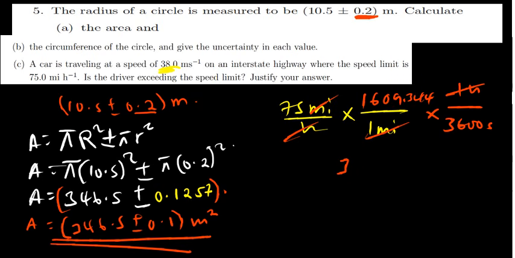Justify your answer. Exactly. So you are saying it is 33.5, which is less than 38. So it was not exceeding the limit. It was just in a normal way.